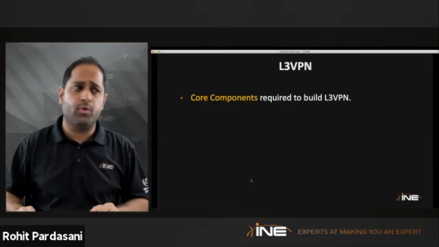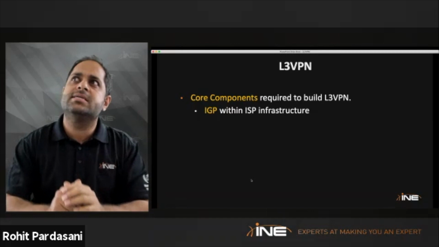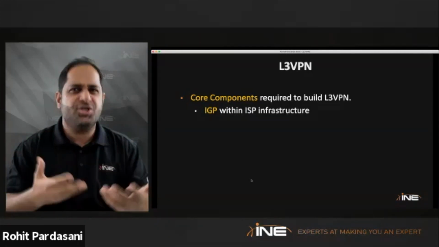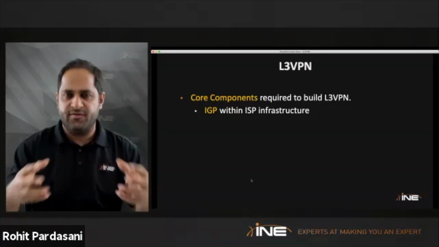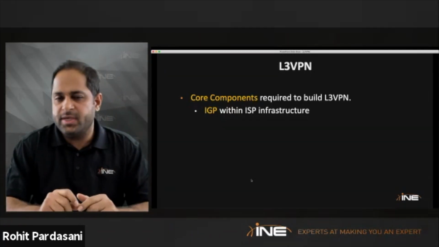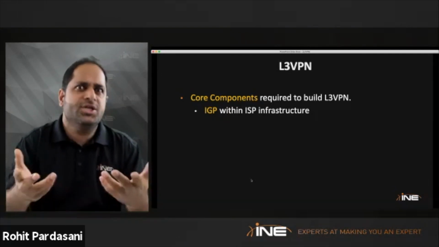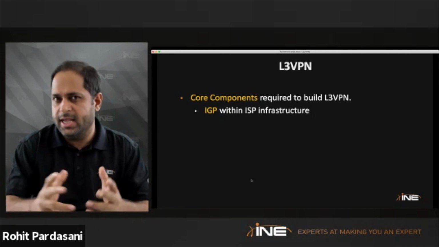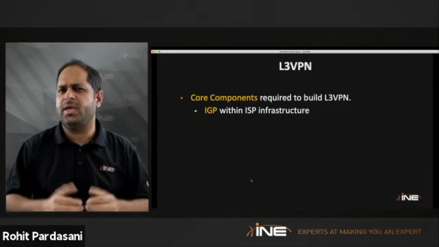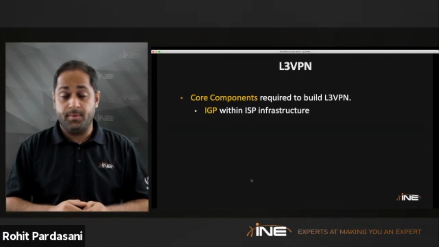So the core components required to build L3 VPNs: the first thing is that the ISP should have some kind of an IGP running within the infrastructure, which normally would be the case. Most probably ISPs would run either OSPF or IS-IS. I don't see EIGRP being run within the ISP. It's either going to be OSPF or IS-IS.